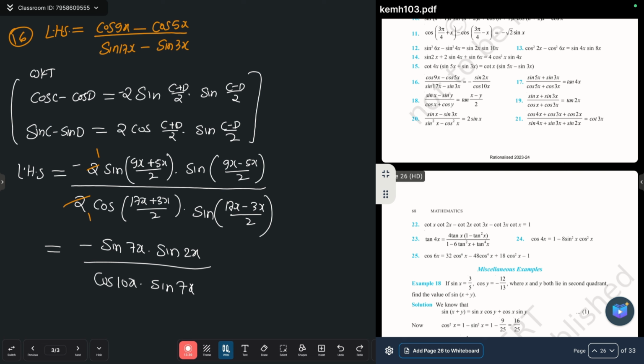Then this cancels, remaining minus sin 2x upon cos 10x, and which is your right hand side? Came the answer, minus sin 2x by cos 10x. It is the right hand side. Hence proved.